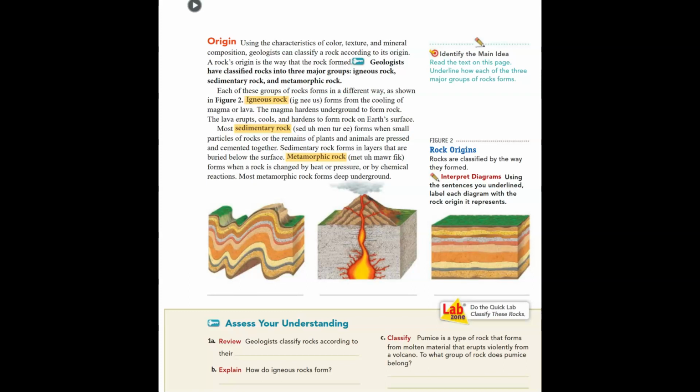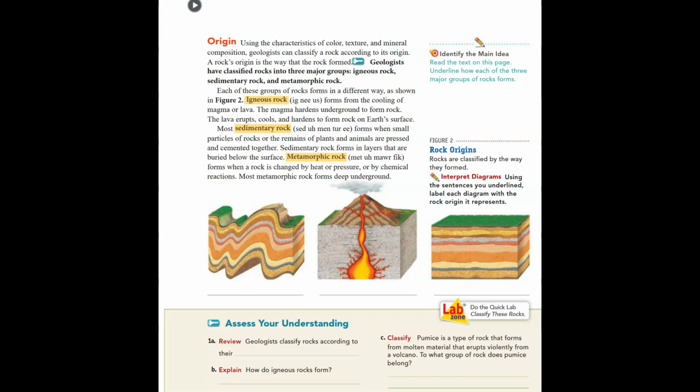Most sedimentary rock forms when small particles of rocks or the remains of plants and animals are pressed and then cemented together. Sedimentary rock forms in layers that are buried below the surface. And metamorphic rock forms when a rock is changed by heat or pressure or by chemical reactions.